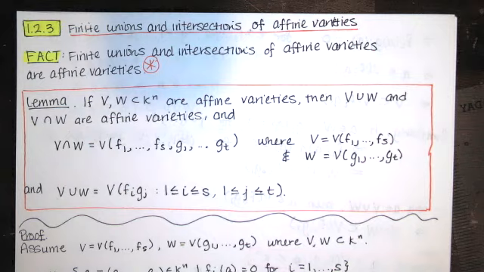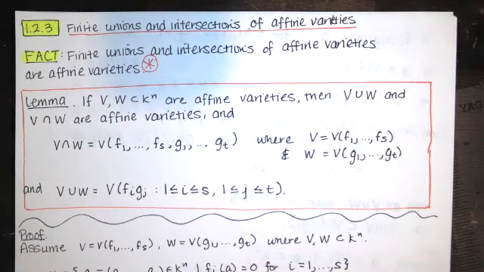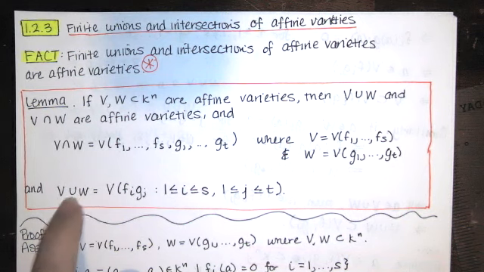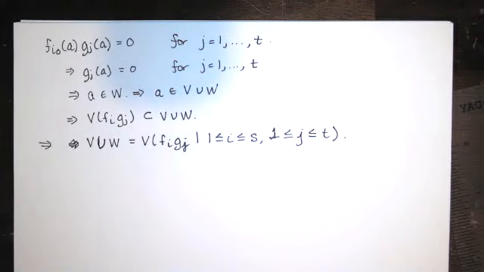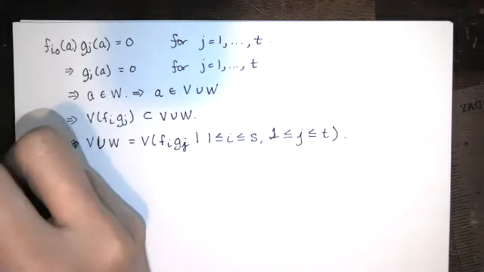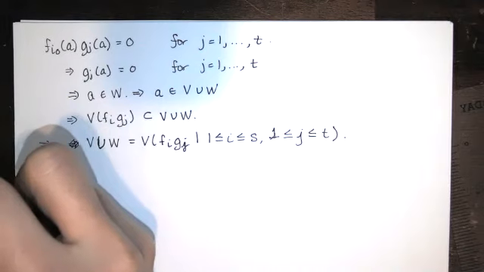Now we've already seen an example of something like this, of this set right here, of an intersection. We didn't say that that's what it was when we were looking at it, but we have seen this before.